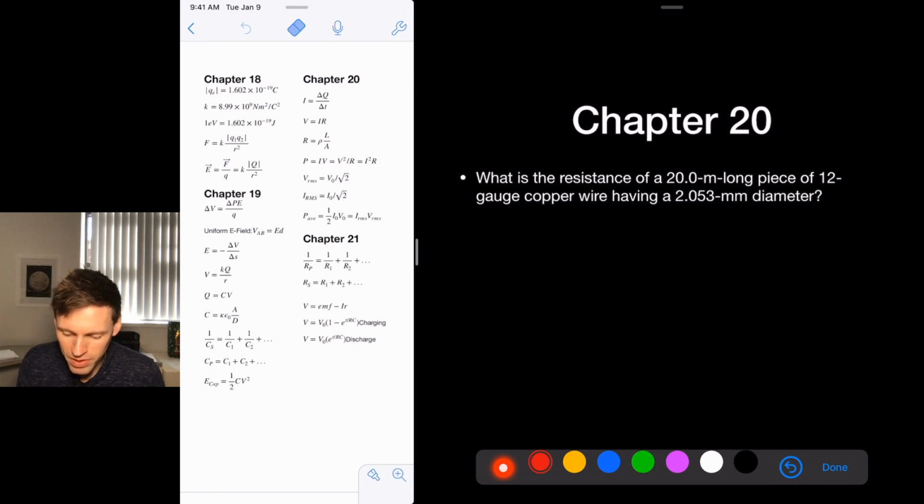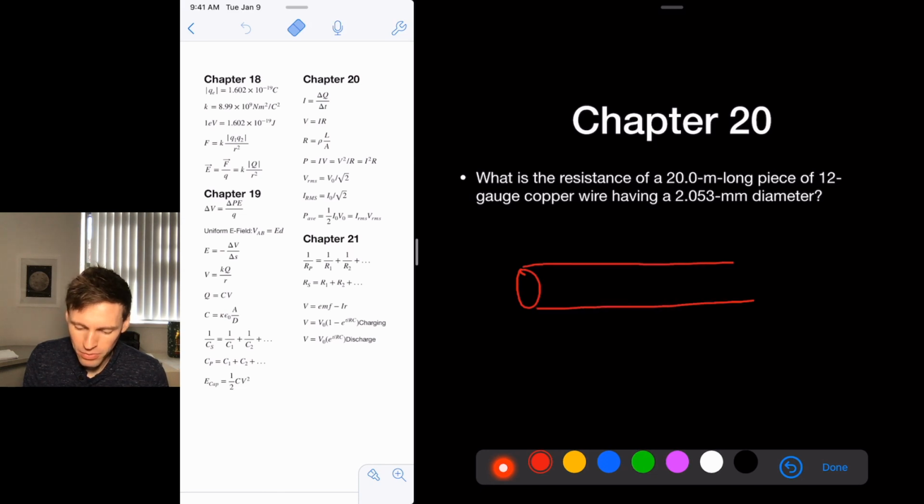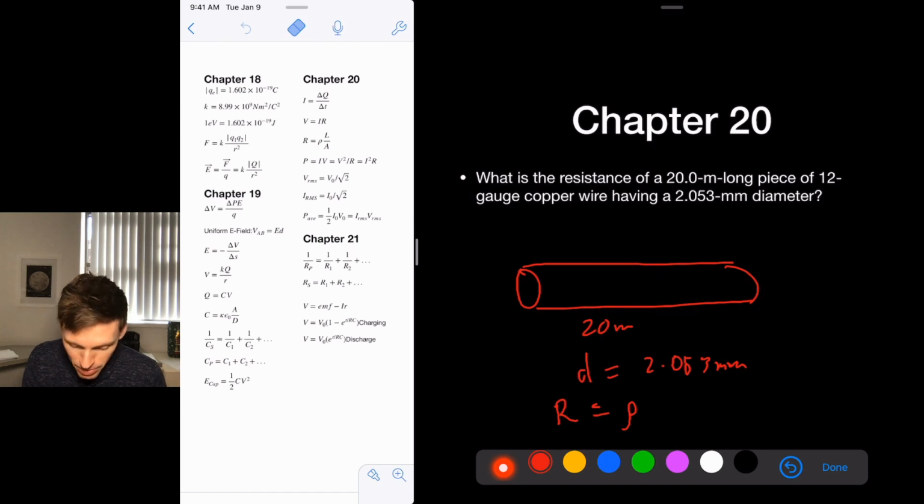What is the resistance of a 20-meter long piece of 12-gauge copper wire having a diameter of 2.053 millimeters? Okay, so we have a really long wire. It's 20 meters long. It's 12 gauge, which means it has a diameter of 2.053 millimeters. So the resistance of this wire is going to be the resistivity of copper times 20 meters divided by the area.